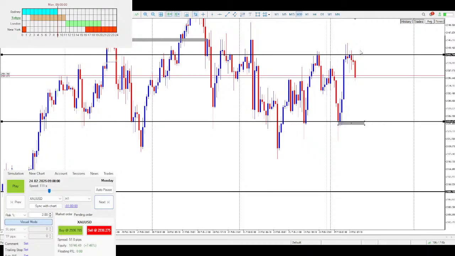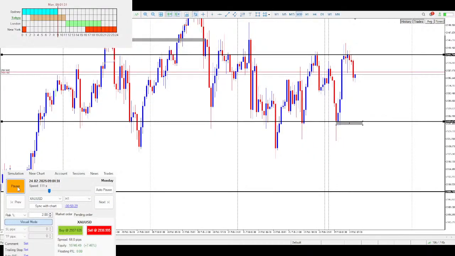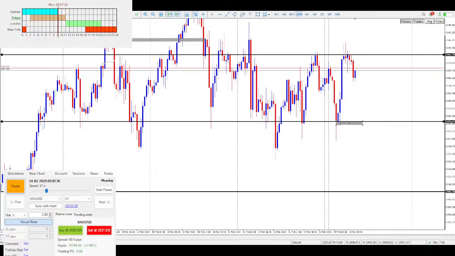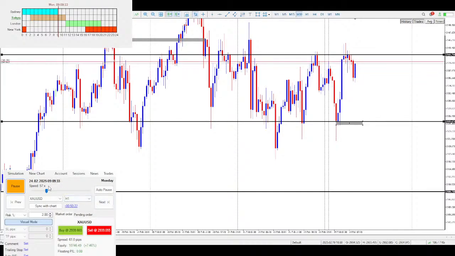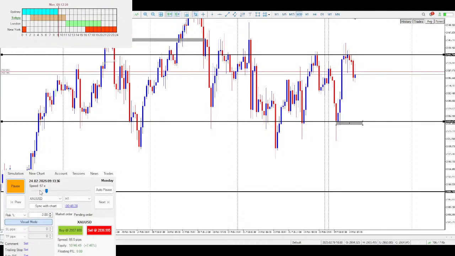Wait for a support to form so that I can take buys. Wait for a setup to form.